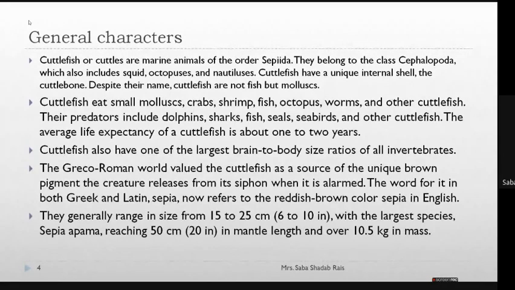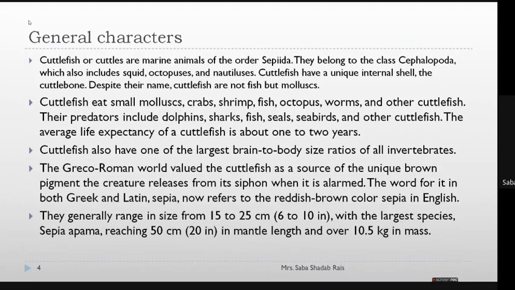Most of the time, in general terms, people consider all seafood as fish and call it cuttlefish, but they belong to the phylum Mollusca.